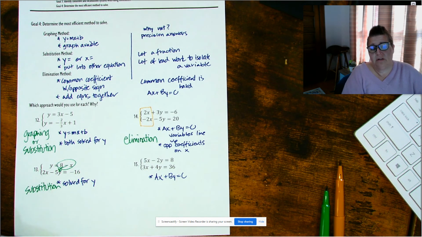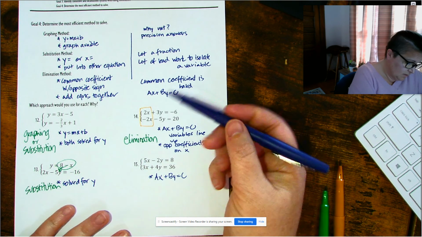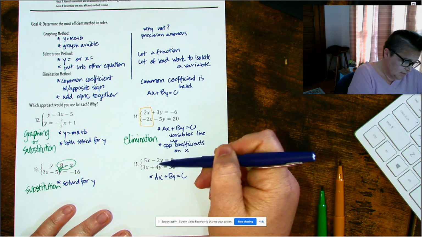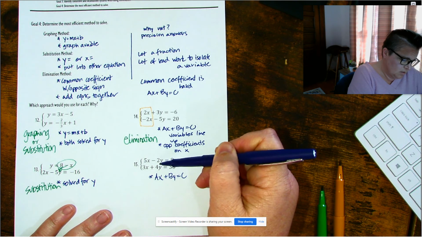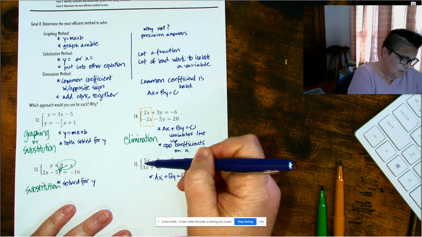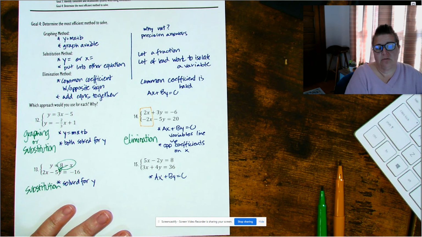But if I don't feel comfortable with elimination, particularly because there is some lead time, I would need to multiply the top equation by something and the bottom equation by something. If I was going to use elimination, I wouldn't mess with the x's. I would only mess with the y's. And that would mean multiplying the top equation by 2. So I would probably do elimination here. But you could just as easily do substitution.